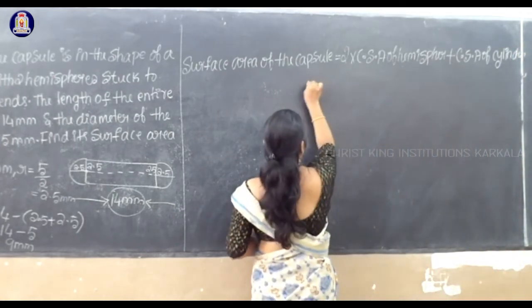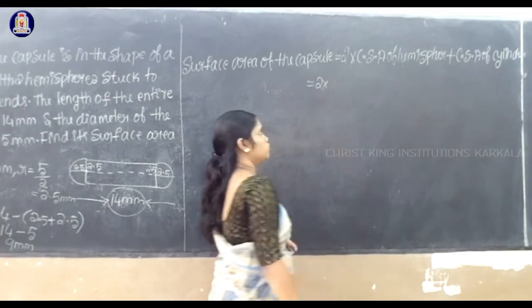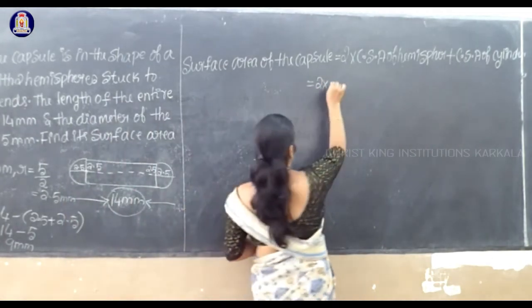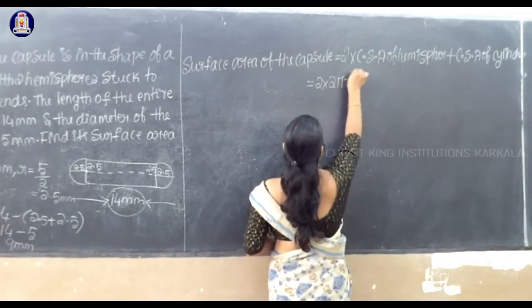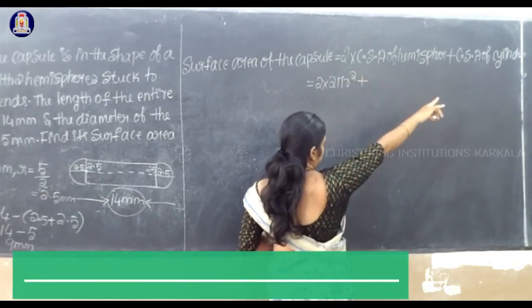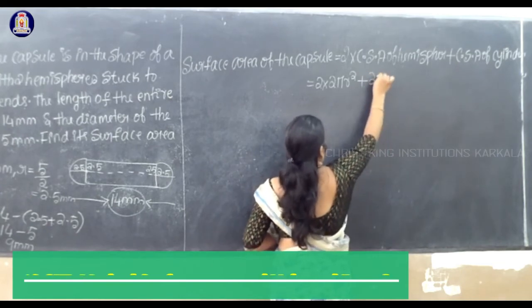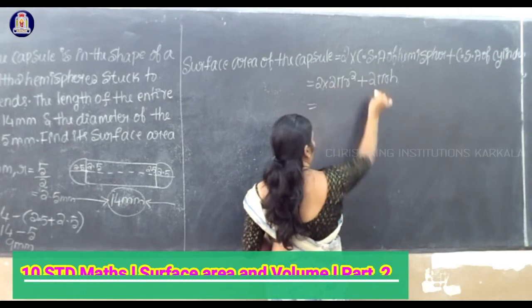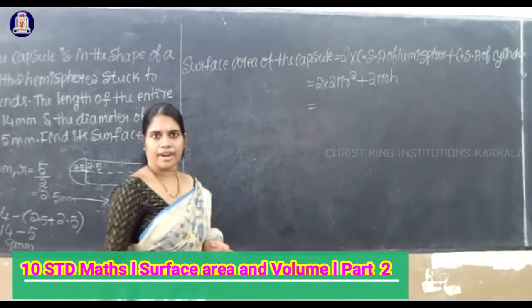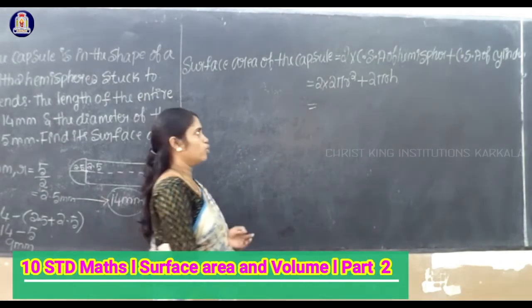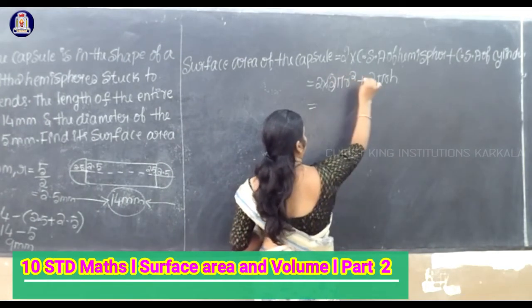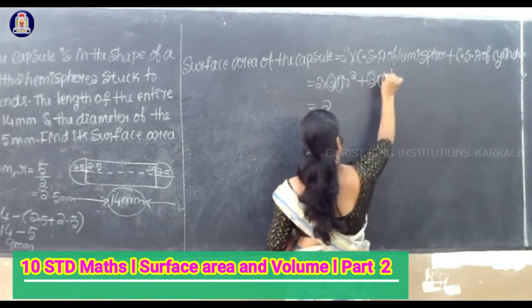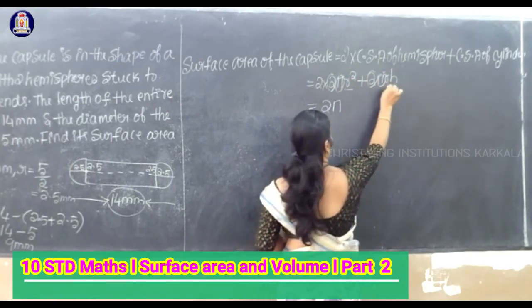Now, what is the formula we use to calculate CSA of the hemisphere? CSA of the hemisphere is given by 2 pi r square, plus CSA of the cylinder is given by 2 pi r h. Now first I will take the common factors. 2 is common, pi is common, and r is common.